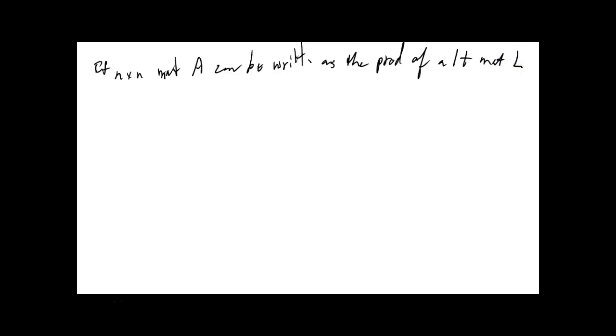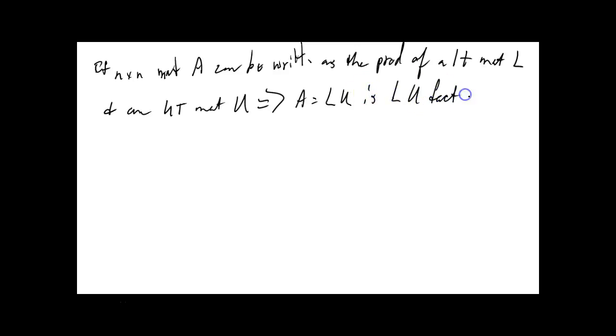Okay, from now on it'll just be L, and an upper triangular matrix U, from now on it'll be U, not UT. Then, if it can be written that way, A equals LU is the LU factorization of A. Okay?